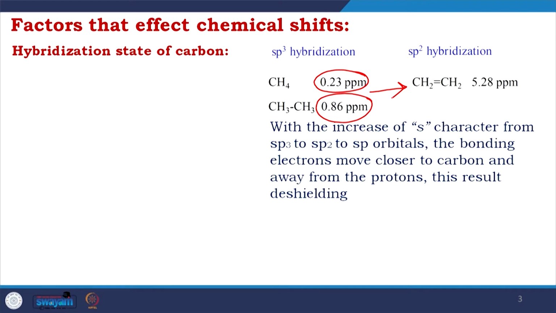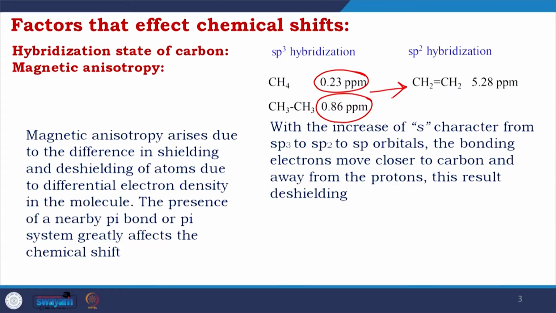With the increase of s character, sp3 to sp2, 25% s to 33% s, and further to sp orbitals, the bonding electrons move closer to carbon and away from the protons, and because of that it causes deshielding.